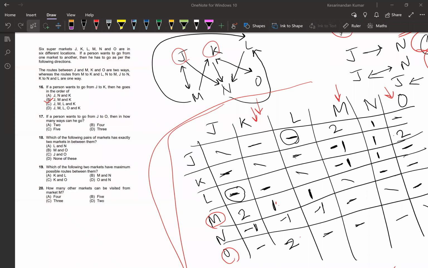Yes, Uttam, correct. No, please check the 20th once again.